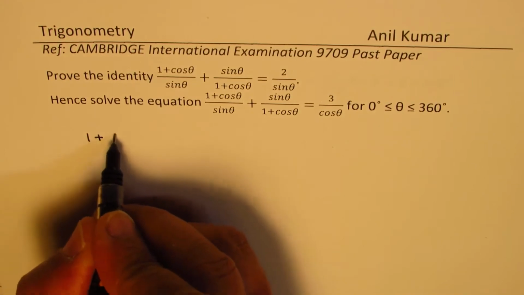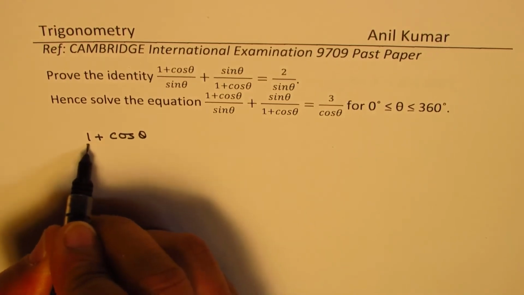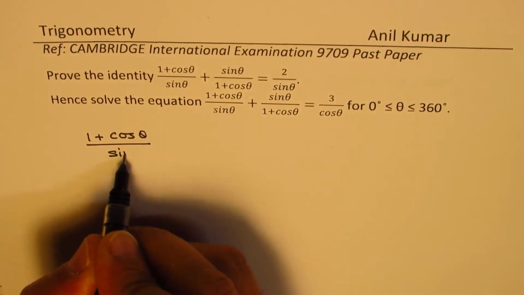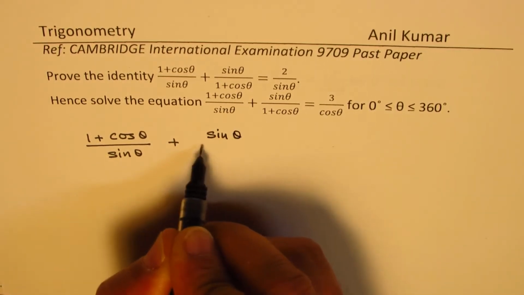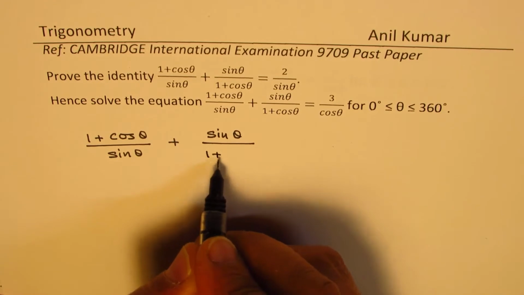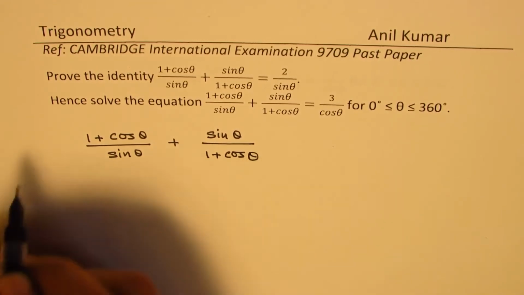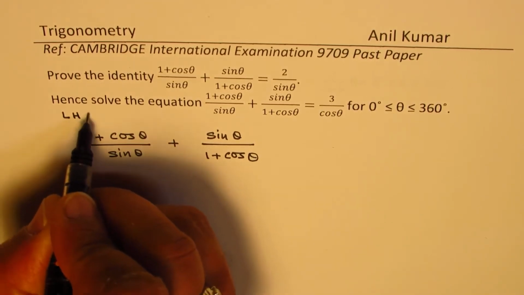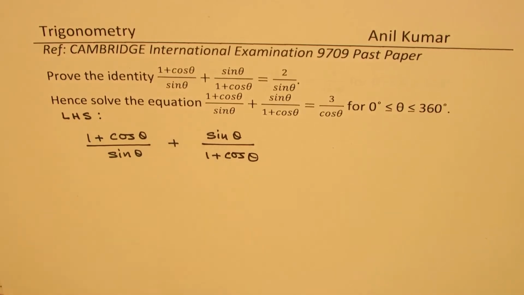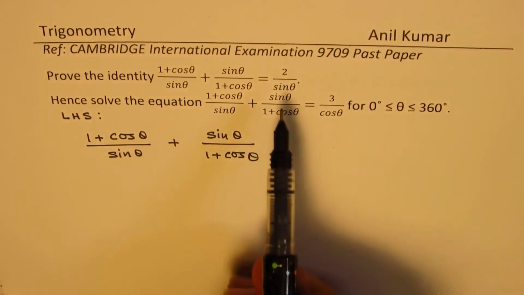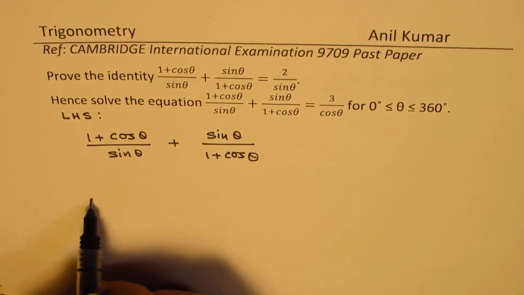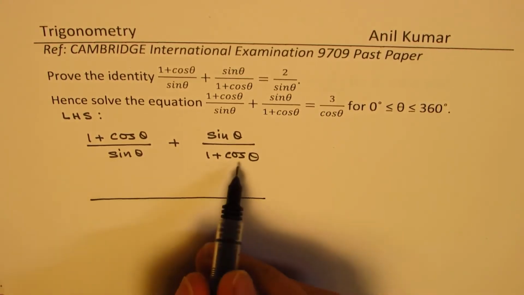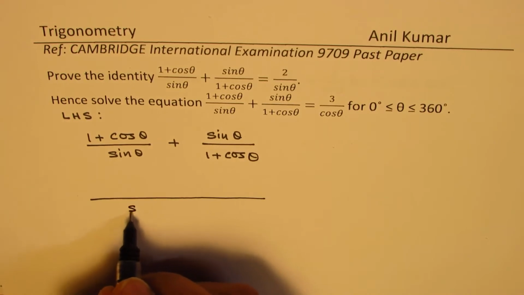We are given (1 plus cos theta) over sin theta plus sin theta over (1 plus cos theta), right? So that is our left hand side. So let's begin with the left hand side and show that this is equal to 2 over sin theta. We can take a common denominator here, which is sin theta times (1 plus cos theta).